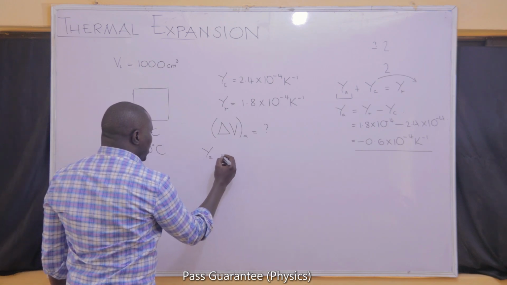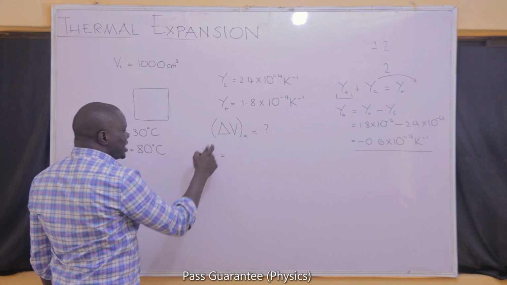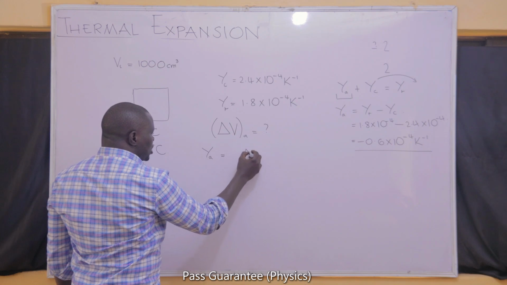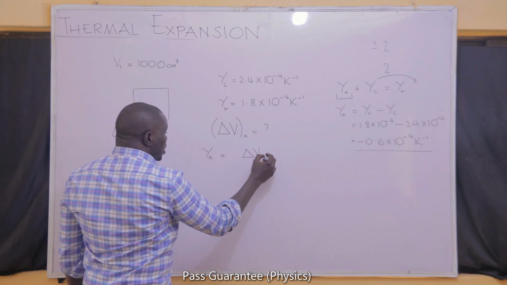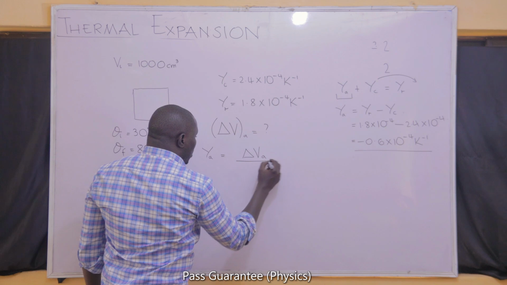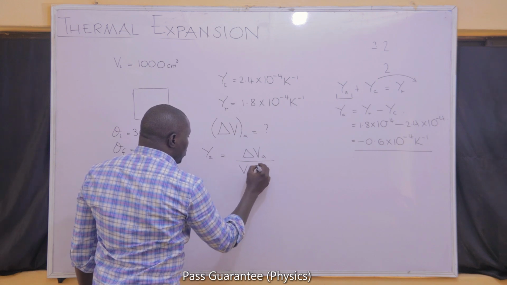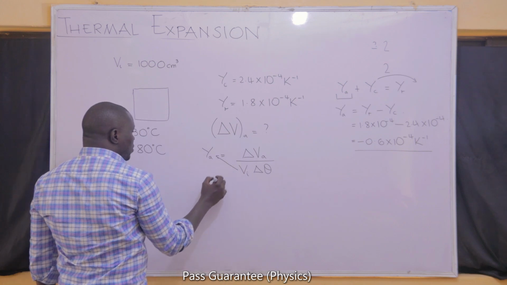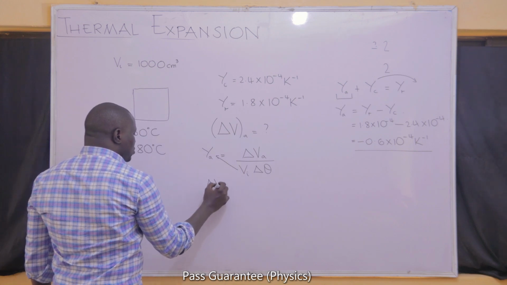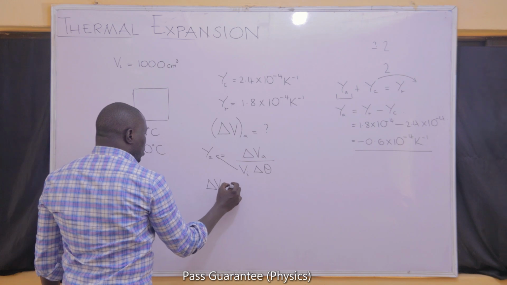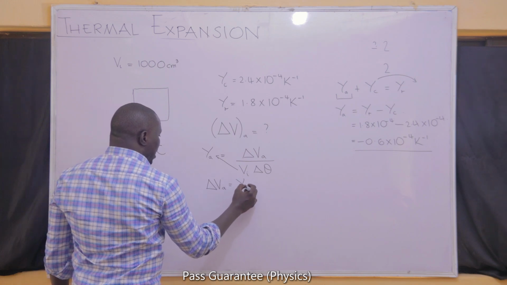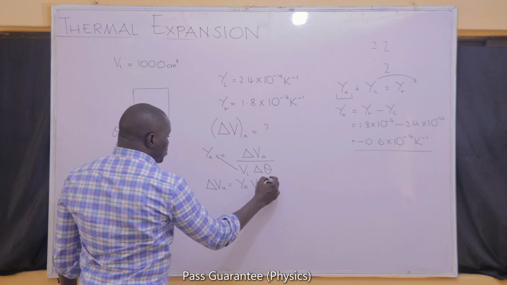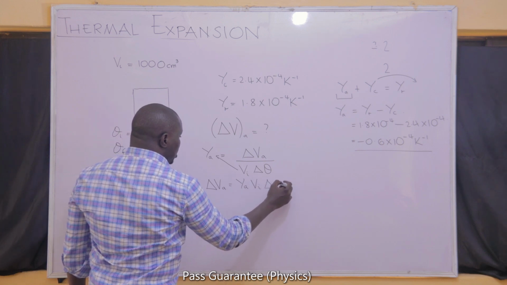I'll write the formula for apparent cubic expansivity, the one that has the item that I am looking for. The apparent cubic expansivity will be the apparent change in volume all over the original volume multiplied by the change in temperature. If I do that, I will have the apparent change in volume equal to the apparent cubic expansivity multiplied by the initial volume multiplied by the change in temperature.